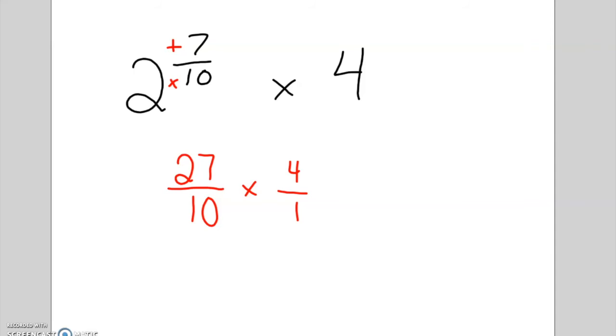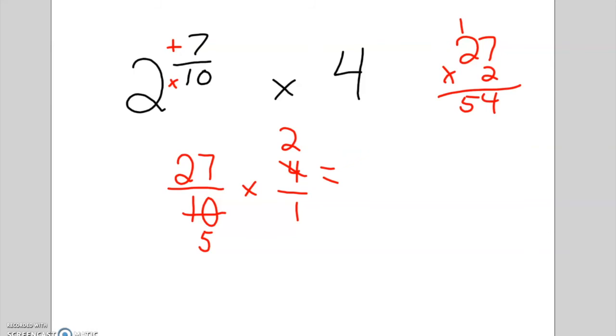I notice they're both even, so I can divide both by 2. 10 divided by 2 is 5. 4 divided by 2 is 2. And now I can multiply straight across. 27 times 2 is 54. 5 times 1 is 5.